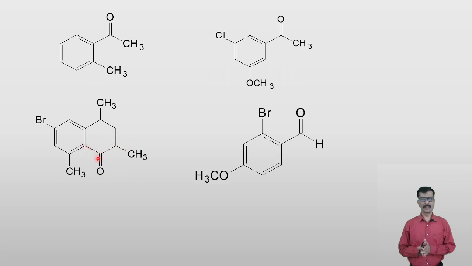So it is C double bond O ring residue. So it is an aromatic ketone. And here, if you count the ortho, meta and para positions, this is ortho where an alkyl group is there. This is again ortho, ring residue, meta, no substitution, para, bromo.